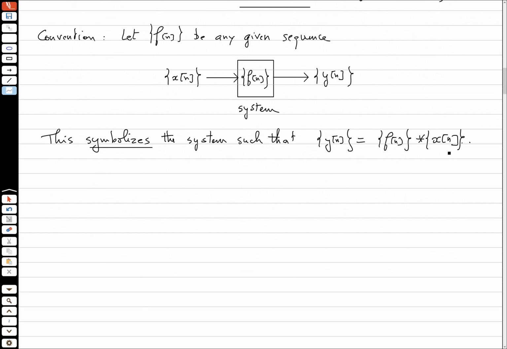So now the theorem, I'm going to call it theorem 2. It says the following. There are two parts. Part 1, this system is automatically LTI.